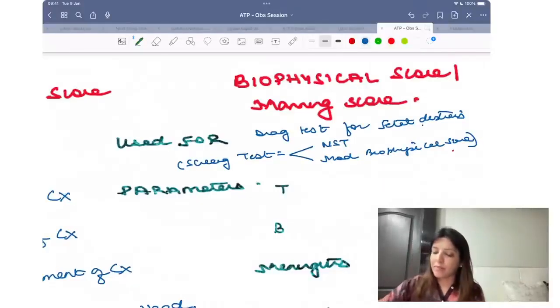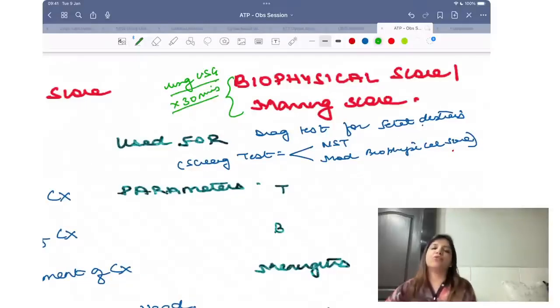Biophysical score, please remember, is calculated using ultrasound for 30 minutes. For 30 minutes, the fetus has to be under ultrasound guidance and you have to calculate the score looking at these 5 parameters on ultrasound.